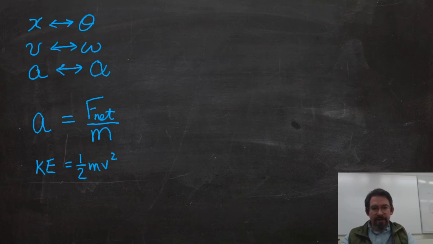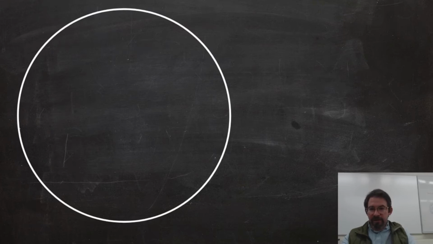So let's begin by considering a wheel like this. If this wheel is rotating, I could say that its kinetic energy is just the sum of all the kinetic energies of the little parts that make up the wheel.